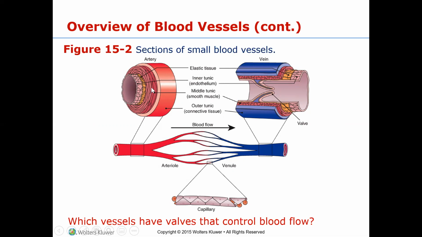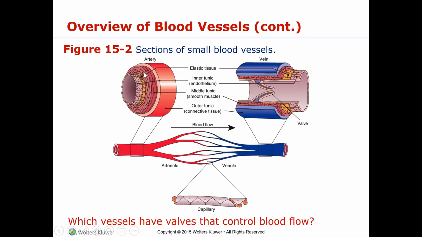And then we have the outer tunic, which is made up of connective tissue, and that is pretty much the same between the arteries and the veins. If we look at how blood flows, it goes from the arteries, from our heart, to the arterioles, to the capillaries, to the venules, to the veins, and then back to the heart again.